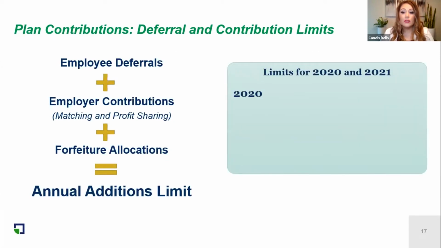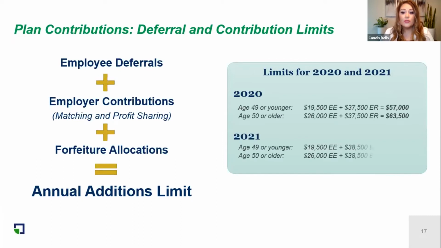As you can see here, the limits for 2020 and 2021 are the maximums that we can allocate to an individual. So we have to take into consideration how much their deferrals are, what their employer contributions are, and if we're going to be using any forfeiture allocations in those contributions, to not exceed those amounts listed there. And I should mention the age 50 and older limit is a little higher because you're eligible for a catch-up contribution with your deferrals.